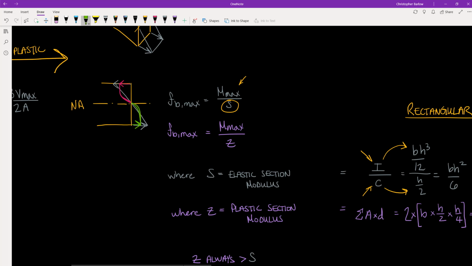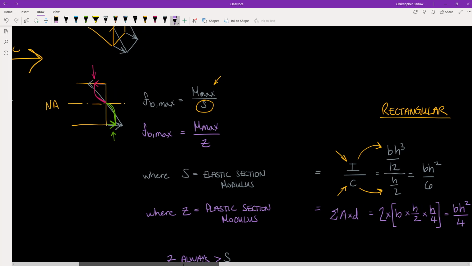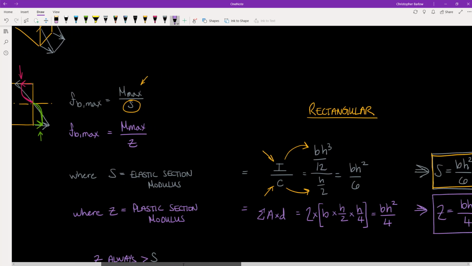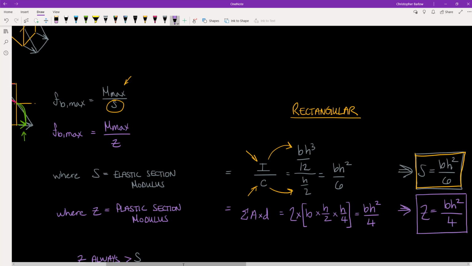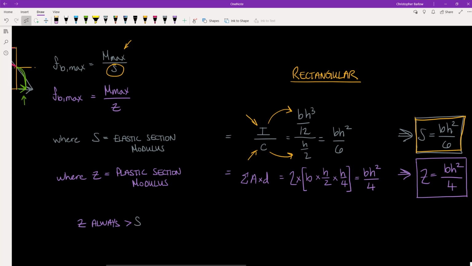And note that the peak values are lesser than they were for the elastic stresses. And so we need a different geometric property to define our plastic stresses due to bending. And that geometric property is the plastic section modulus.